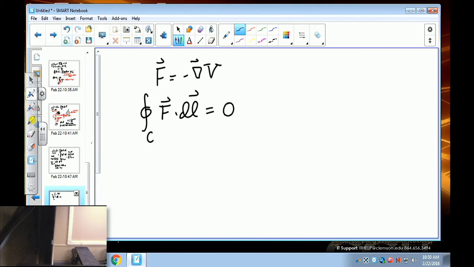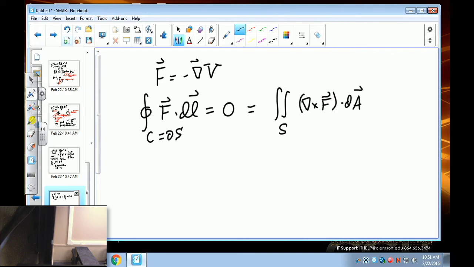Well, let's use Stokes theorem. Then we could convert that circulation around a path. Now, what is the circulation of the force? Well, that's the curl of F dot dA.